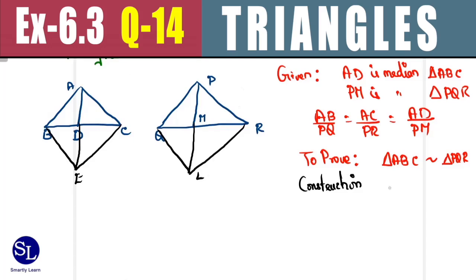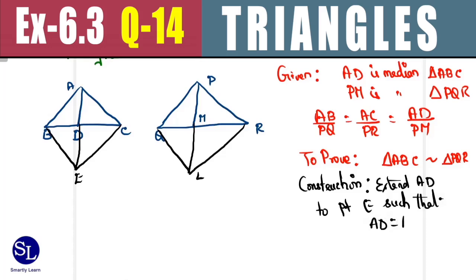So let's write what we have done as construction. Extend AD to point E such that AD is equal to DE. This is what we have done in this construction. Now let's do the same process here.